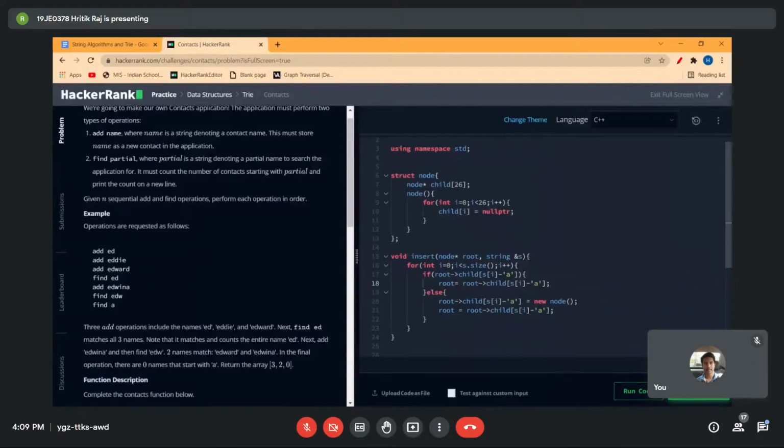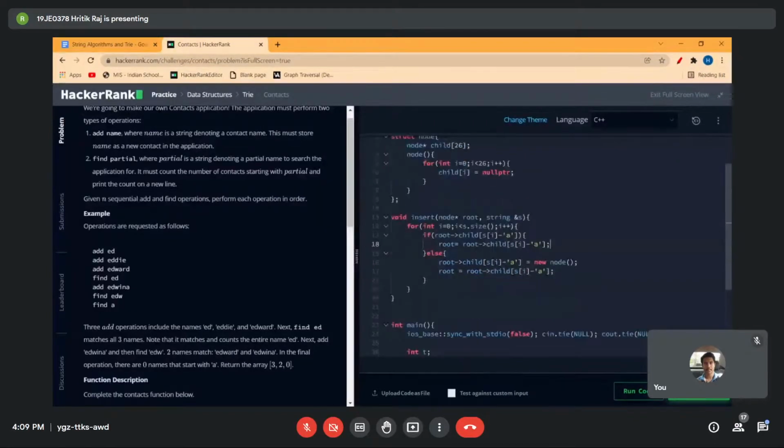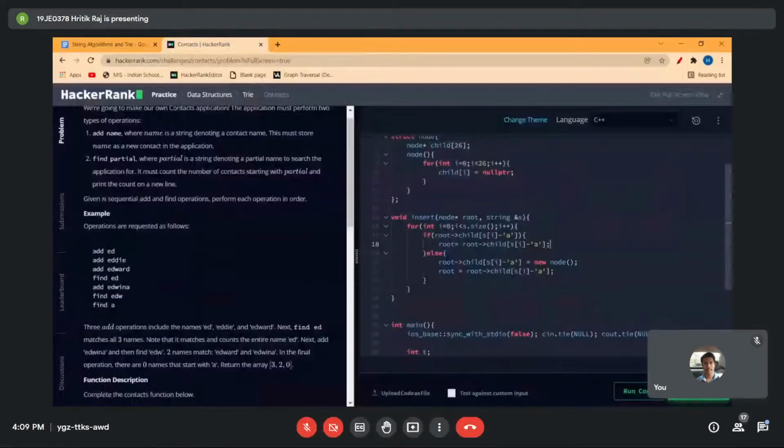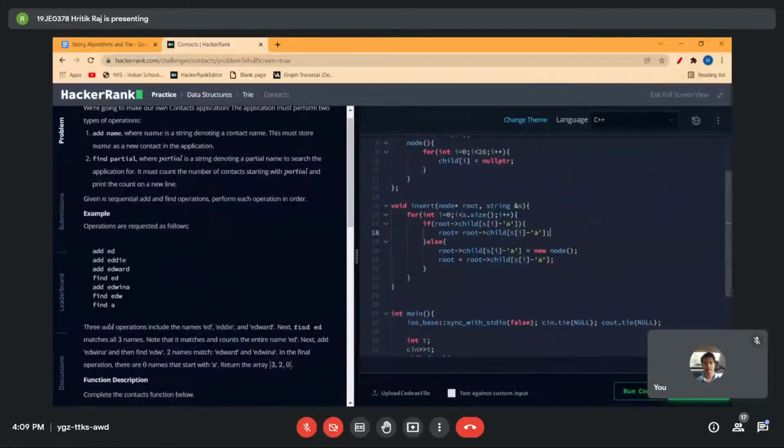If you do not create it and simply assign, then it will result in a runtime error. So you always have to check whether the node which you are using is present or not.